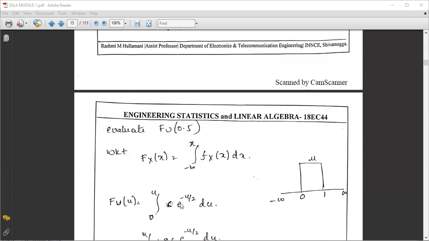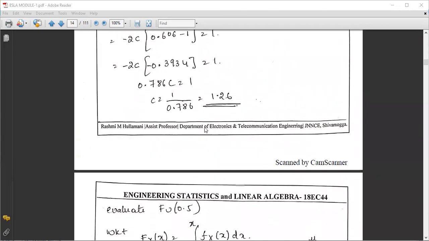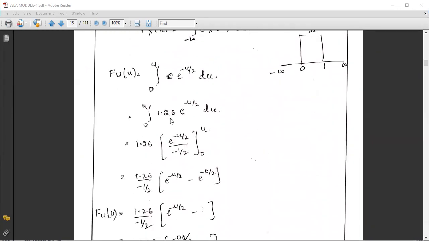C times e power minus u by 2 du. What is the c value? We already found c as 1.26. So 1.26 times e power minus u by 2 with respect to u.